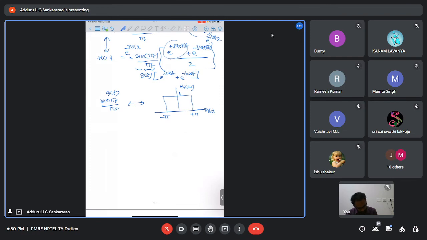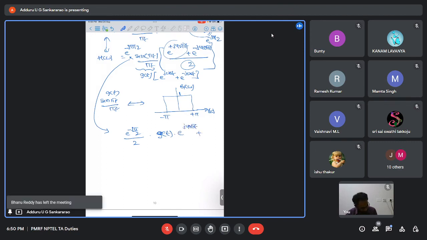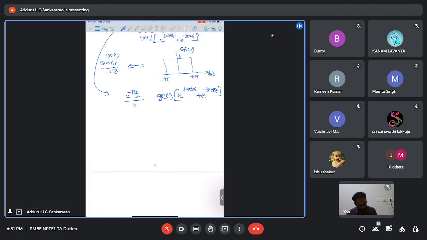So this I'm writing: e power minus j pi by 2, that is the phase. This extra 1 by 2 I'm writing here into g of t. Our g of t is sine pi t by pi t into e power j 40 pi t plus e power minus j 40 pi t. Now what will happen?